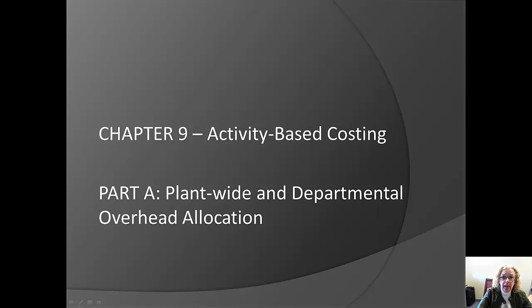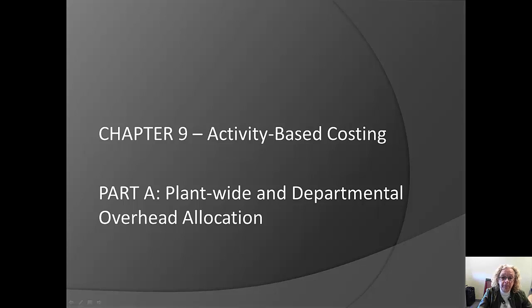The other issue is that this is what's called a zero-sum game. That means our overhead costs are what they are. And if we give too much overhead costs to one product, that means by definition we will end up giving not enough overhead costs to another product.